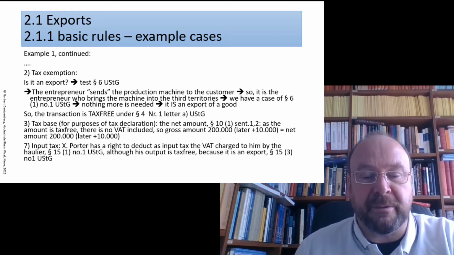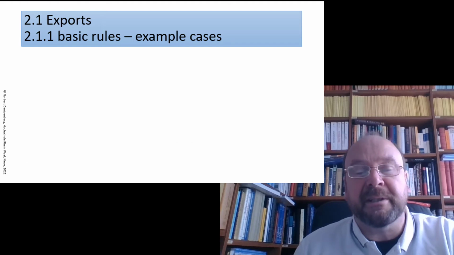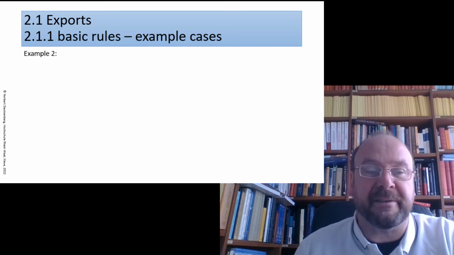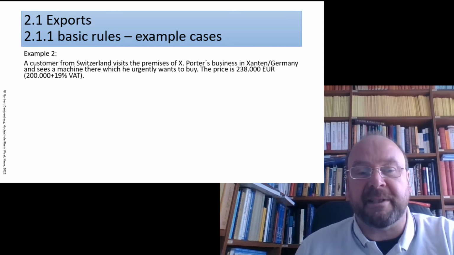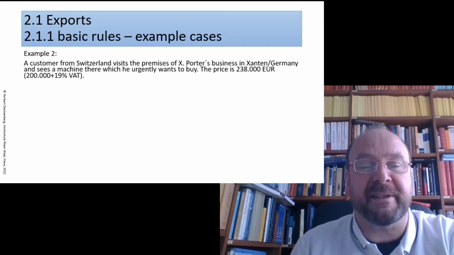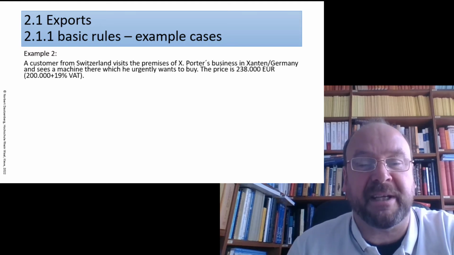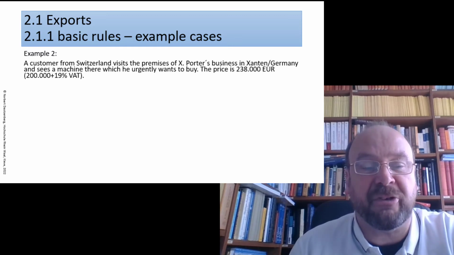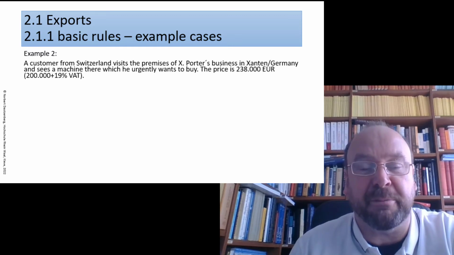Okay, so this was our first example, and what usually follows after the first example is a second example. A customer from Switzerland visits the premises of the exporter's business in Xanten, Germany, and sees there a machine which he urgently wants to buy.